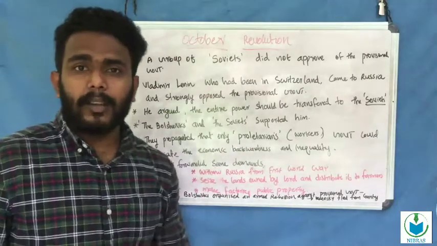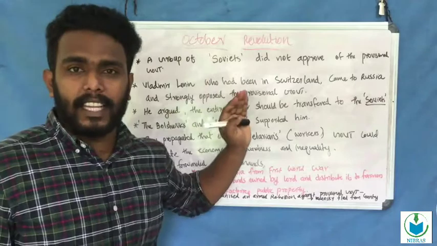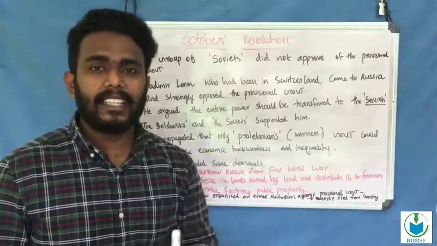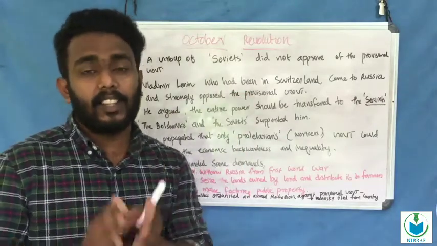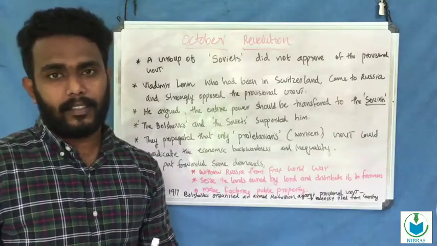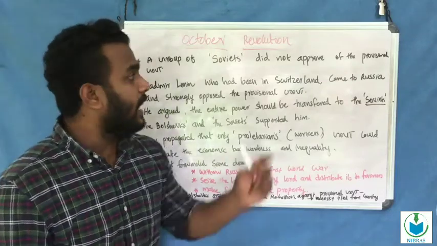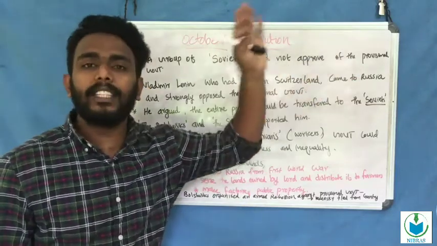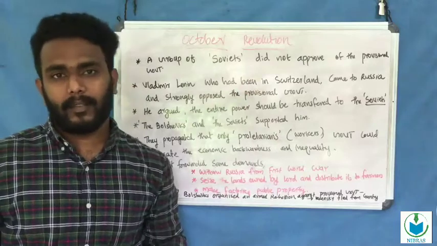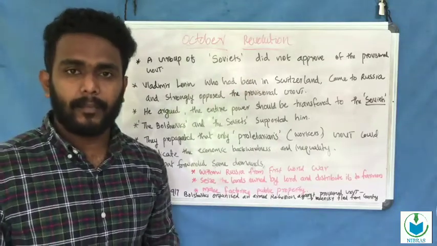Okay, the October Revolution. We know that the Soviets are a group of workers, a workers' organization. The Soviets did not approve of the provisional government. They were against the provisional government.